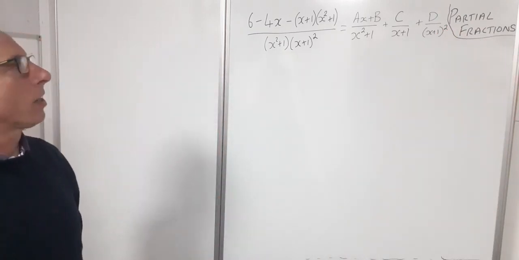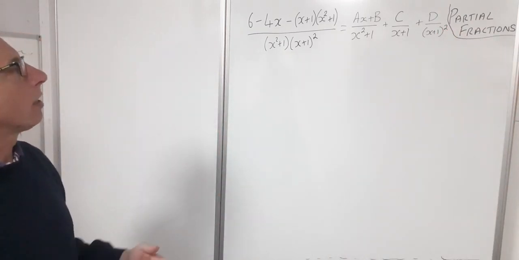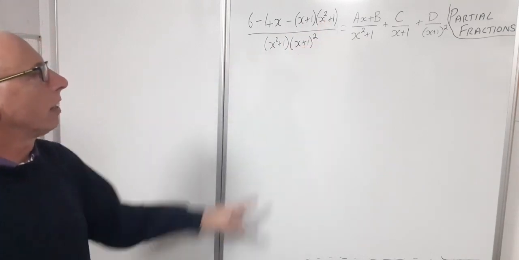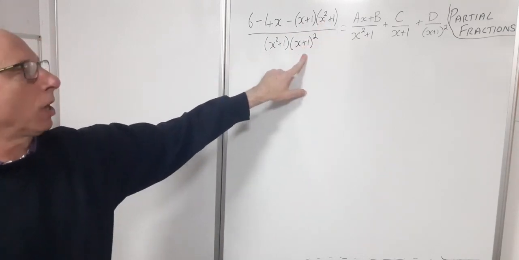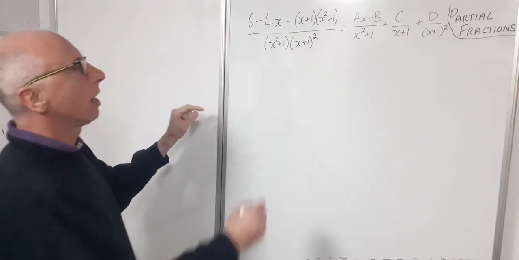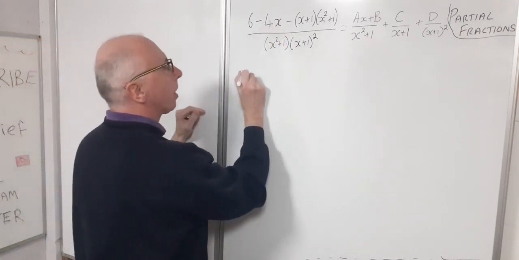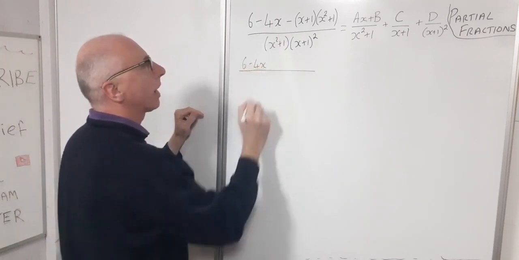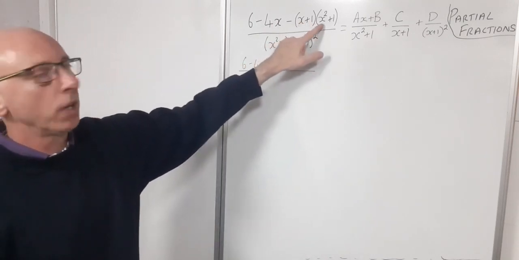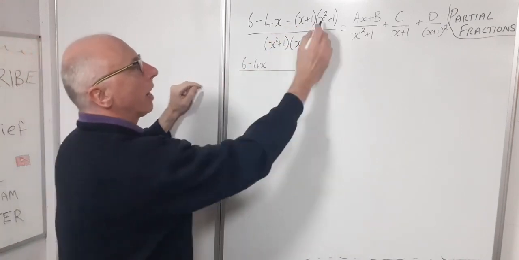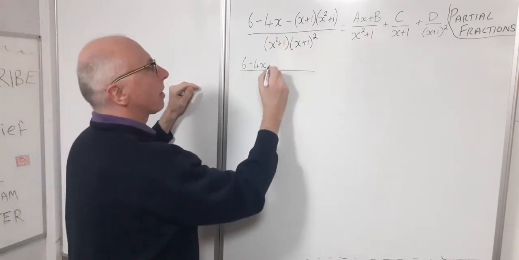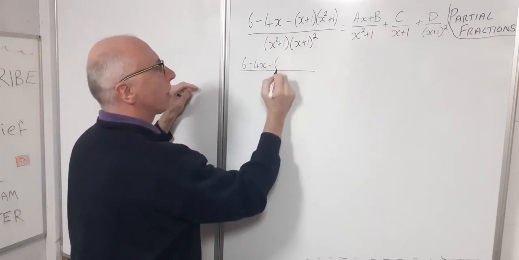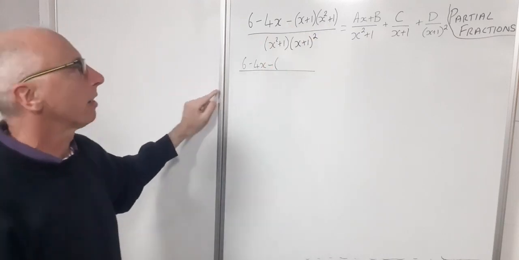Okay, so next stage, what we need to do is FOIL out all of this left-hand side term here and leave this one like that for the moment. So you'll see what happens with this after we've done that. So we'll have 6 minus 4x, that's already taken care of. And now we need to FOIL out this. So x squared times x, that's x cubed. Now we've got a minus term here, so we do minus and then put everything inside a bracket.